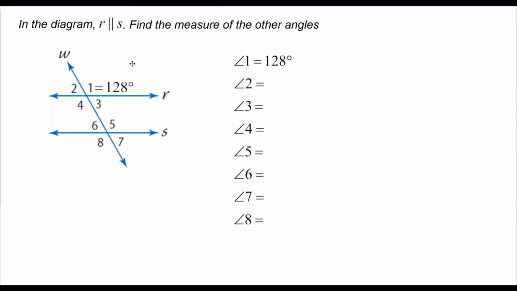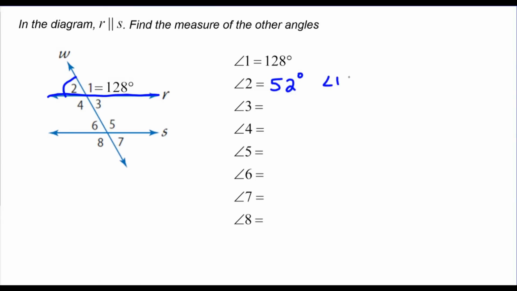So I can find angle 2 because they are supplementary angles. Angle 1 and angle 2 will add up to 180 degrees because they form this straight line here, line R. So 128 plus angle 2 is going to be 180. Angle 2 must be 52 degrees.